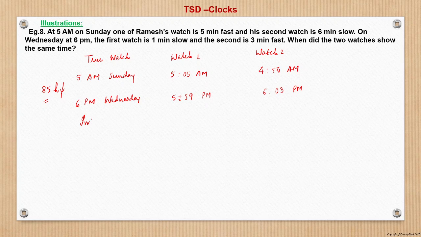In 85 hours, watch 1 has slowed by 6 minutes and watch 2 has gained by 9 minutes.